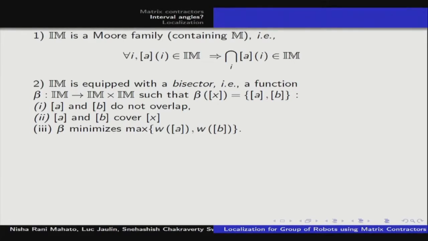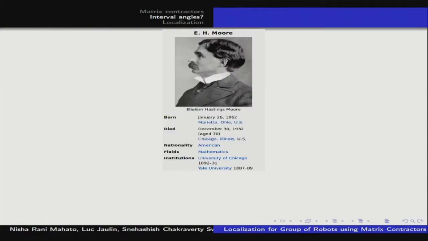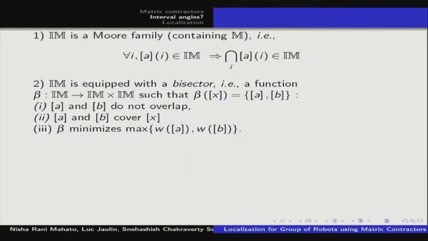So when I say a Moore family, it's not Moore, the father of interval analysis. It is this Moore, which defines this kind of Moore family. So we need boxes to be a Moore family. We also need to generalize interval algorithm bisectors.